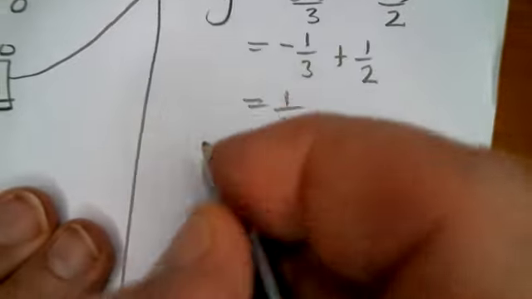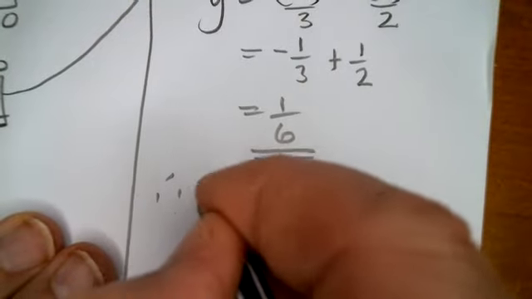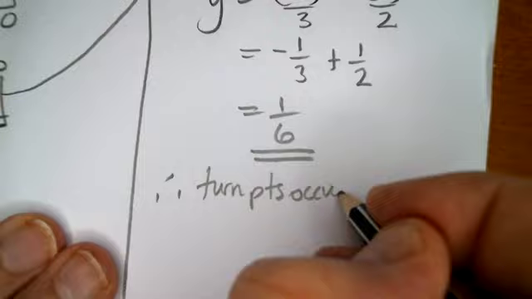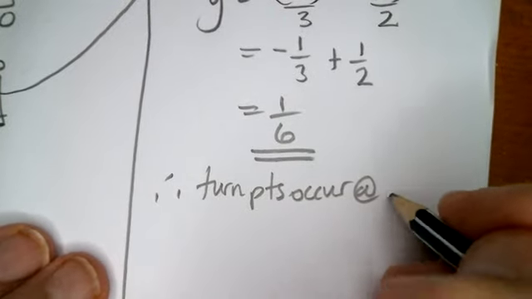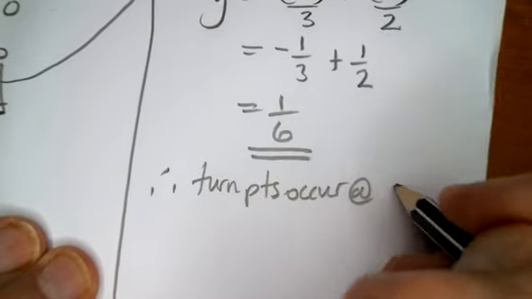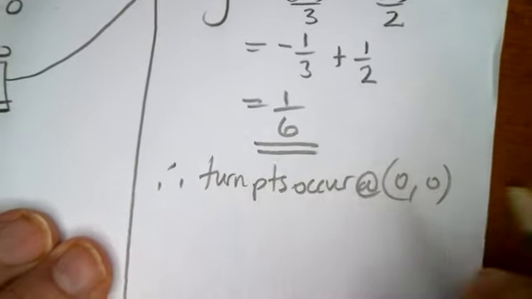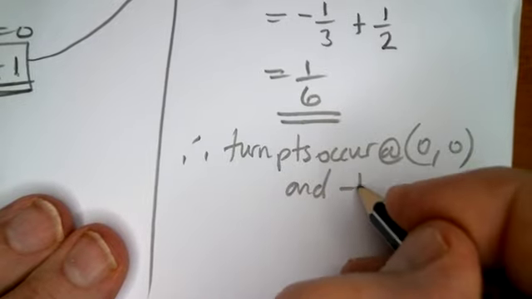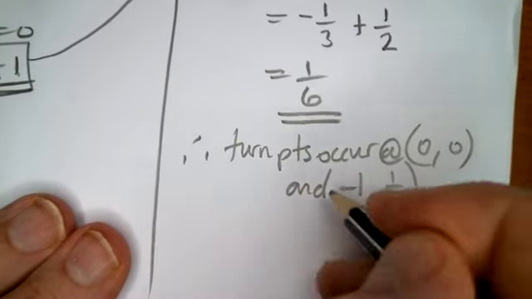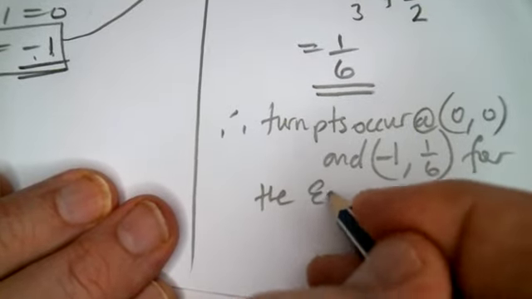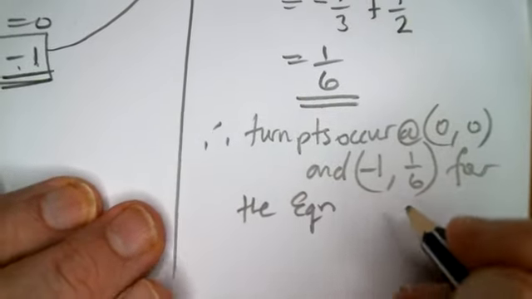So you can put, therefore, turning points occur at, I'll use an at symbol, the first one is 0, 0, and the other one is -1, 1/6, for the equation. I'll put EQN, and I'll rewrite it out.